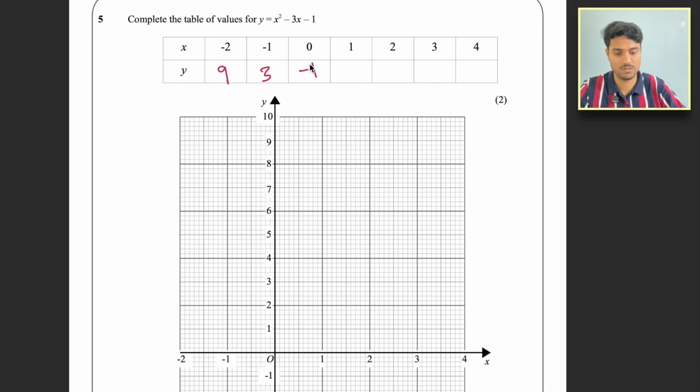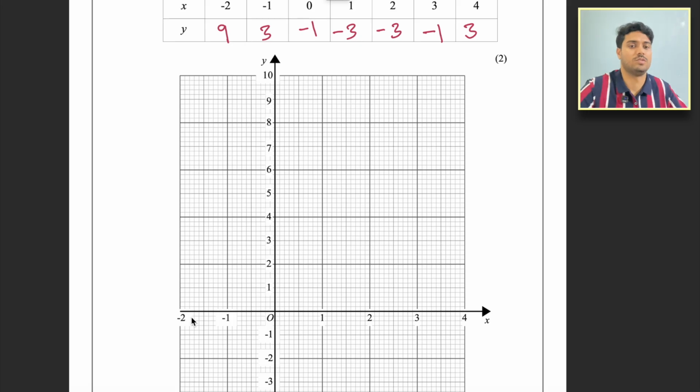At 1 it will be negative 3. At 2 it will be negative 3. At 3 it will be negative 1. And at 4 it will be 3. So now we have all the values.